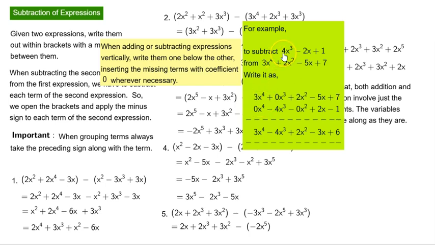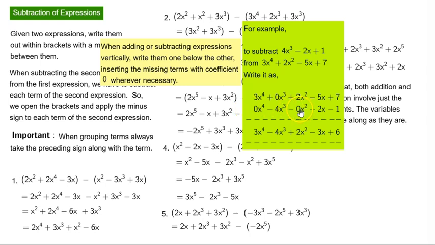Right? And 4x cube minus 2x plus 1 is written as 0x to the power of 4 minus 4x cube minus 0x square plus 2x minus 1. And here if you notice, I have reversed the signs for 4x cube minus 2x plus 1.